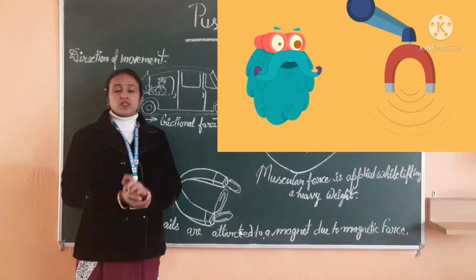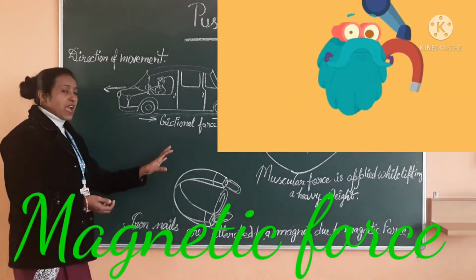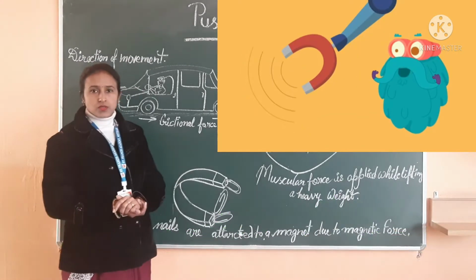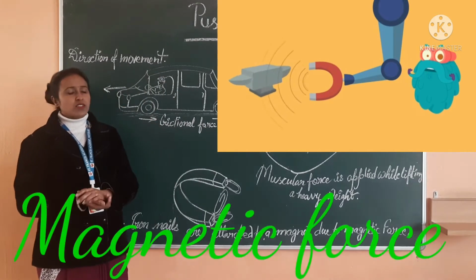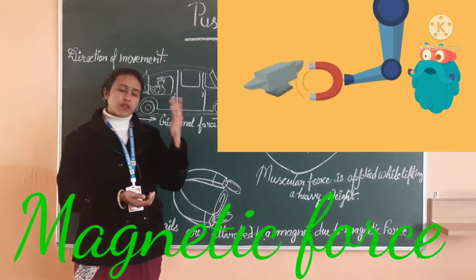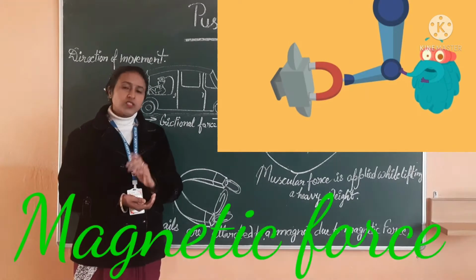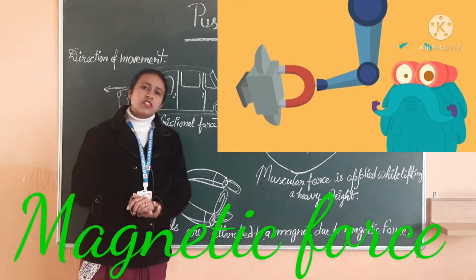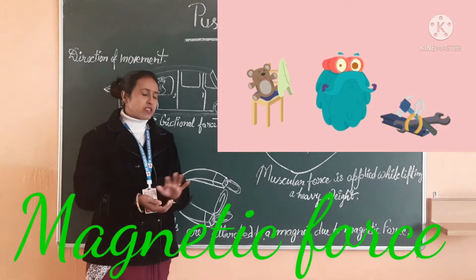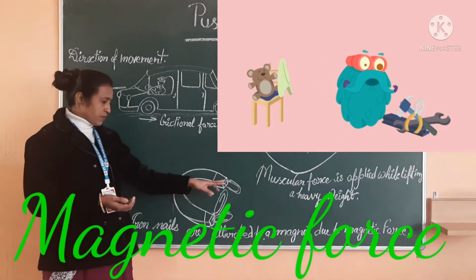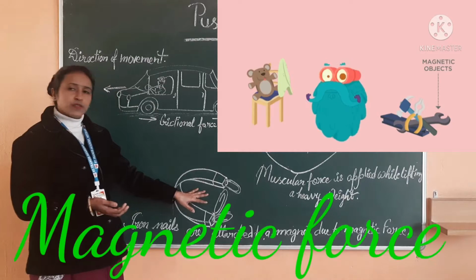This is possible because the magnet has a magnetic force. Iron is attracted by the magnet, and there are several other substances like nickel and cobalt. All of them are attracted by the magnetic force of any magnet. Pins are also attracted by this magnet.